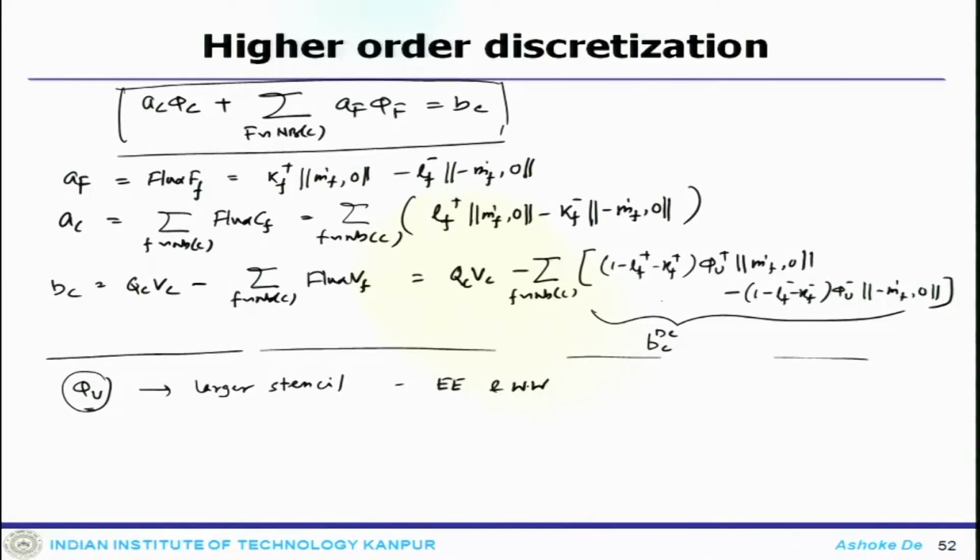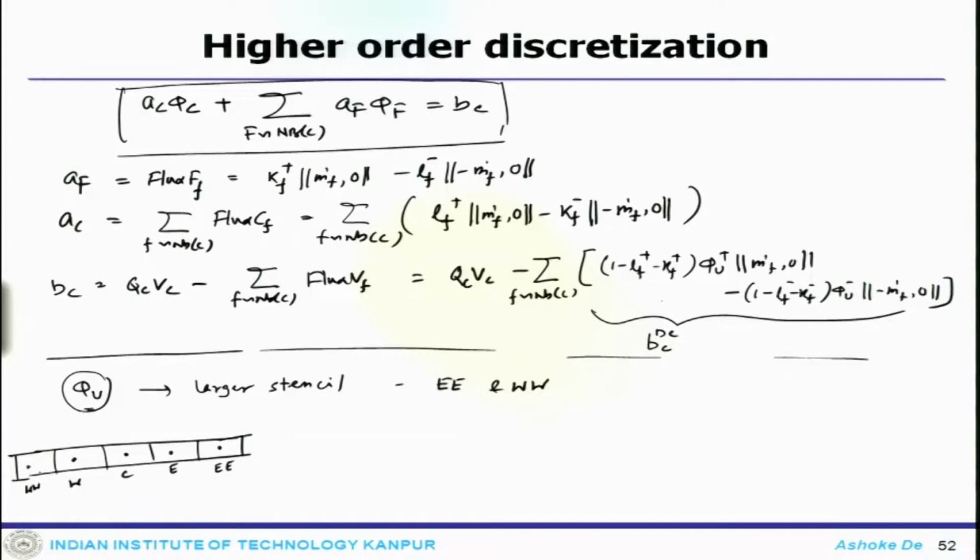Now, for the one dimensional system, like what we have done for the 1D system, C, E, W, EE, WW.